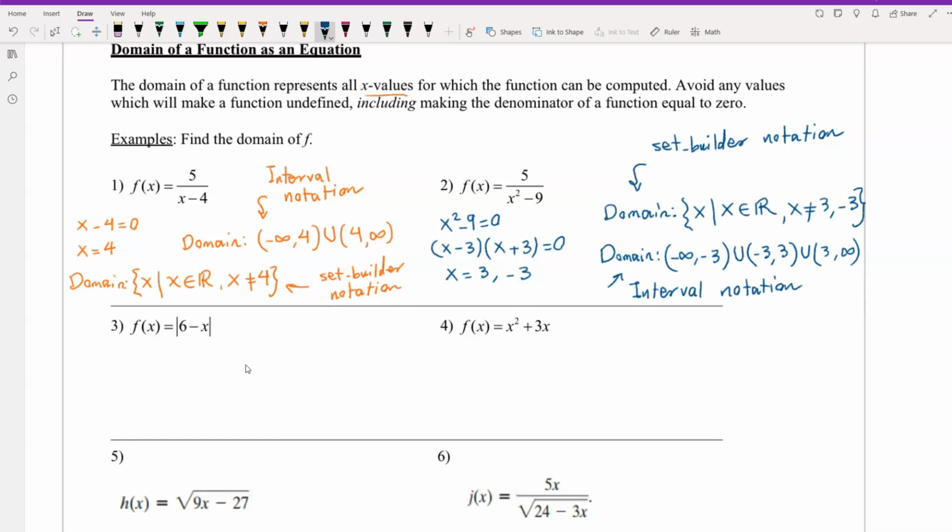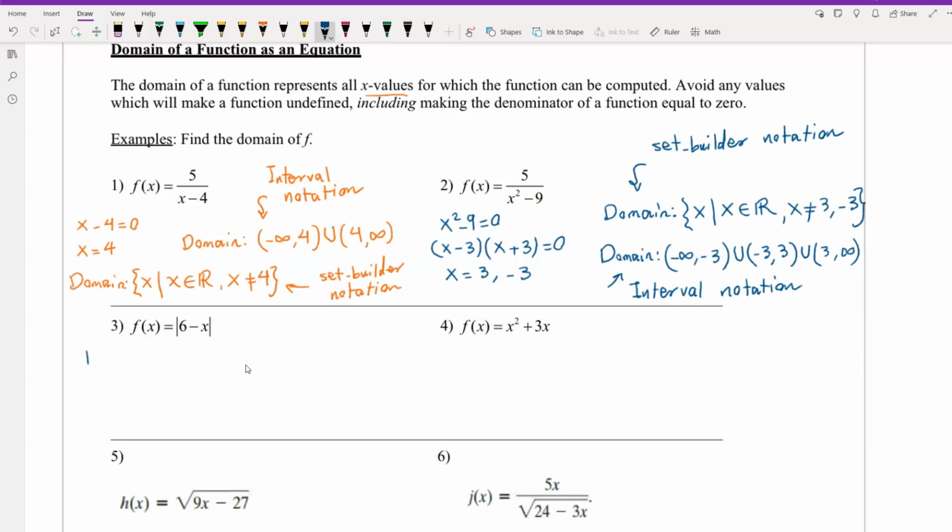Number 3, f of x equals to absolute value of 6 minus x. Here in this case we do not have denominator. Denominator is 1, so we don't have any variable in denominator. So we're not going to have undefined. So for this reason we don't need to find what we did in number 1 and 2.